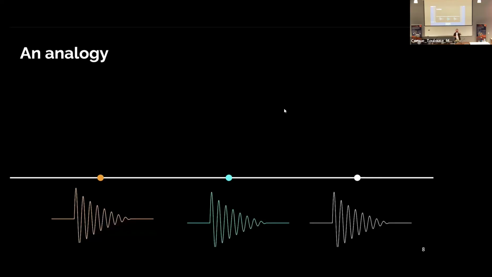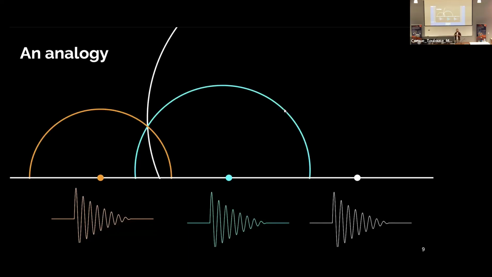Based on how long it's taken from where you're hearing the rock hit the water to how soon you see those ripples at those three distinct spots, you can draw circles as to where that source may have come from, and where they all overlap is going to be where I dropped the rock in the first place. So just like that, you've been able to infer where I dropped the rock, okay?